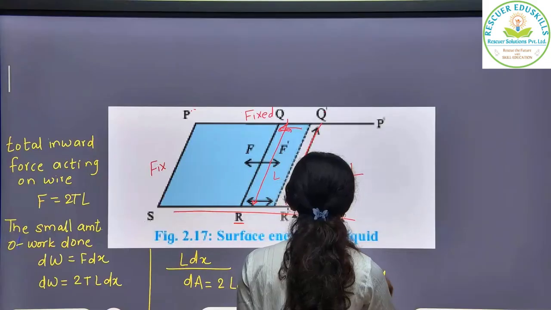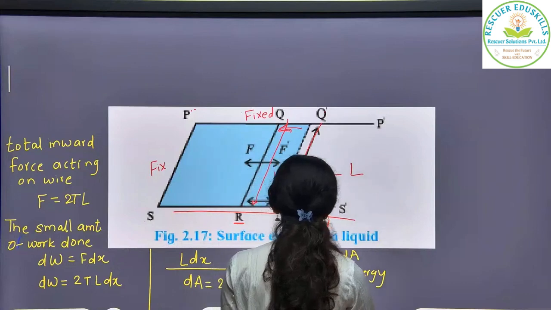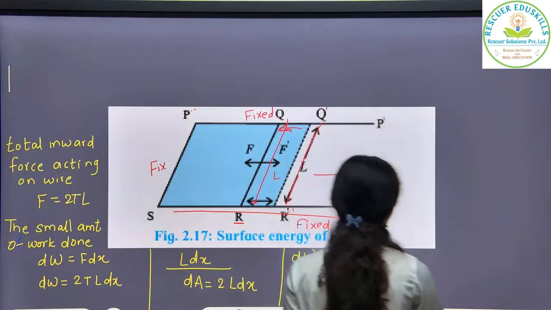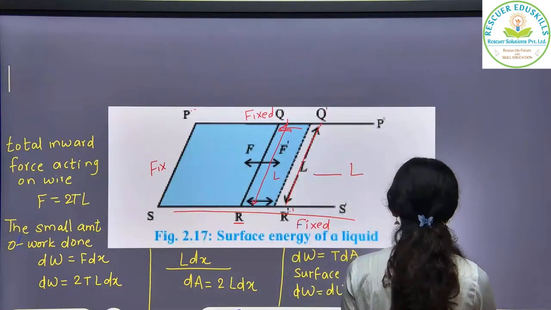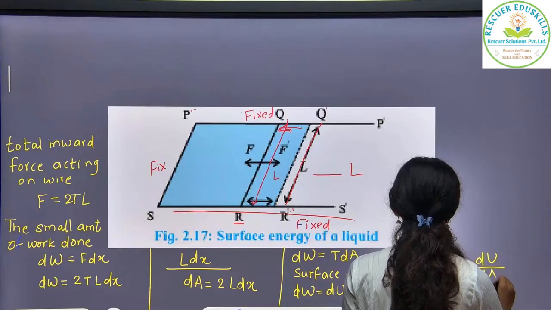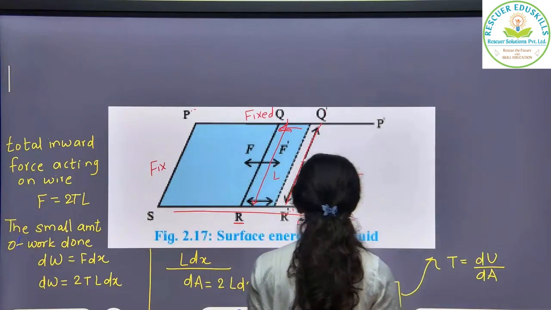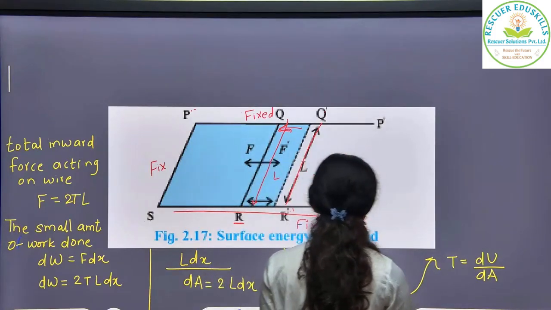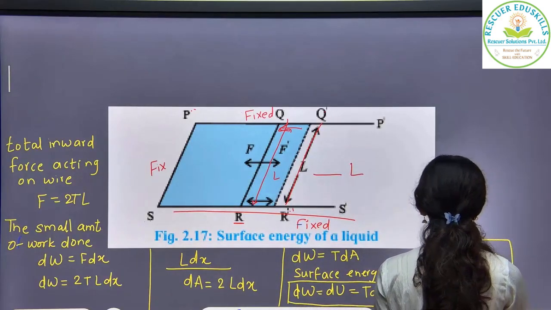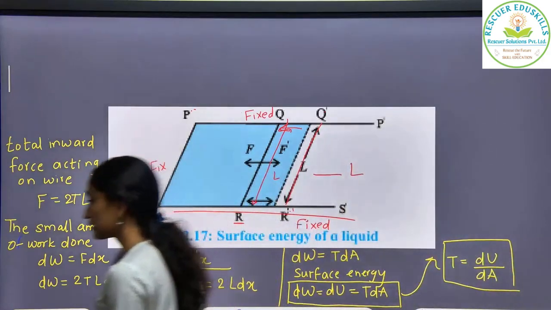So now we can write dW is equal to dU is equal to T dA, or you can write it as T is equal to dU by dA. So what does this show? This shows that surface tension is numerically equal to surface energy per unit increase in surface area.